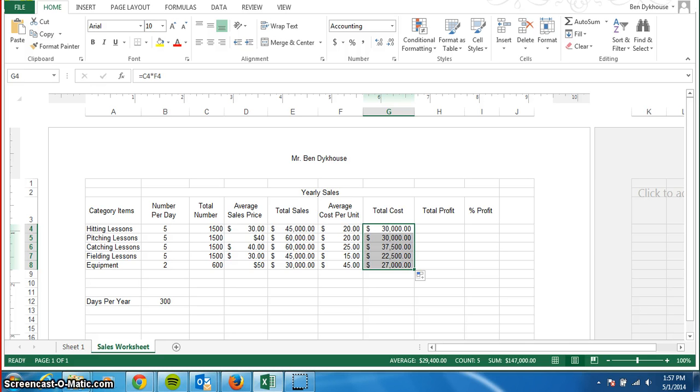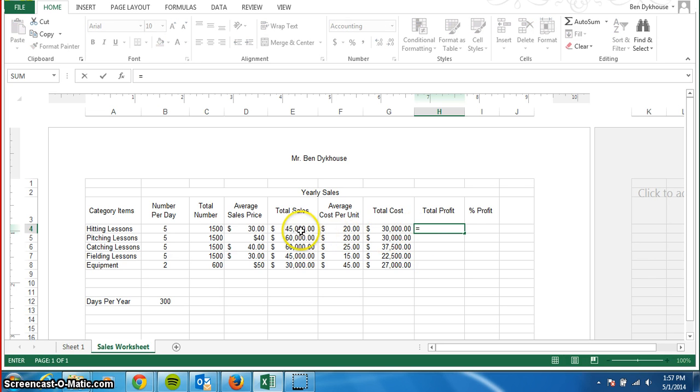Then Matt Lamphere, would you be willing to read number 20 for us? In cell H4, insert formula equals E4 minus G4 to profit for each category. Good. So equals E4 minus G4. So that's the total sales minus the total cost.